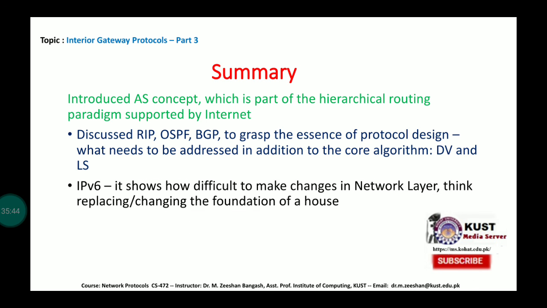And then in the last slide we discussed IP version 6, and some challenges: how difficult it is to make changes in the network layer, like replacing or changing the foundation of a complete house.